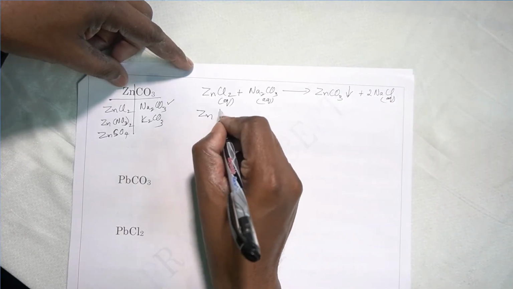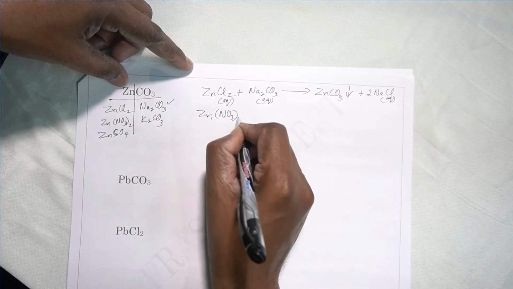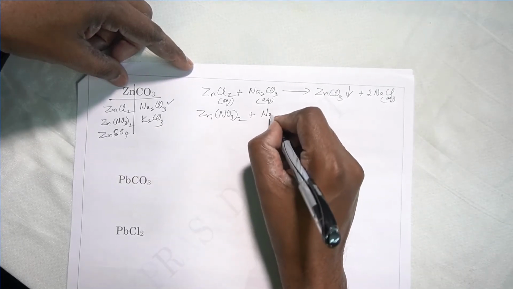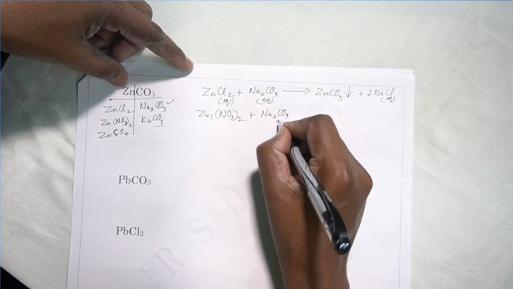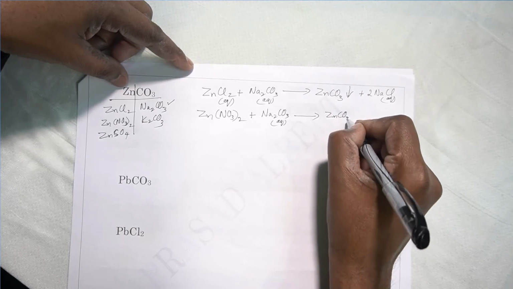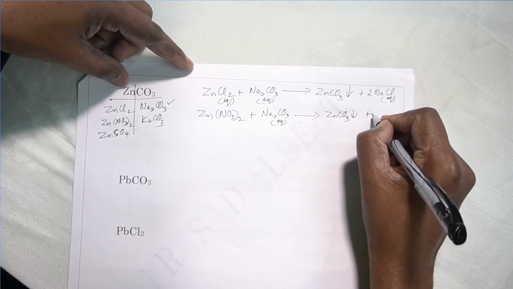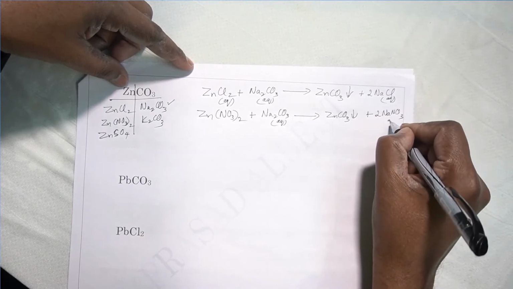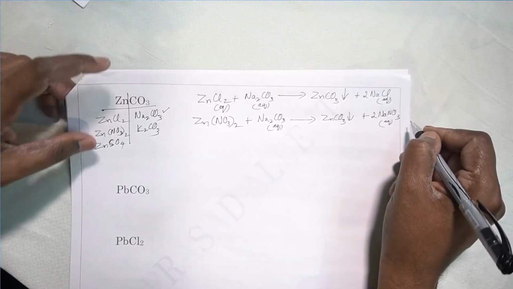Then next is zinc nitrate, Zn(NO3)2 plus Na2CO3 sodium carbonate solution aqueous will give zinc carbonate insoluble plus 2NaNO3 sodium nitrate, which is in the aqueous solution form, right?